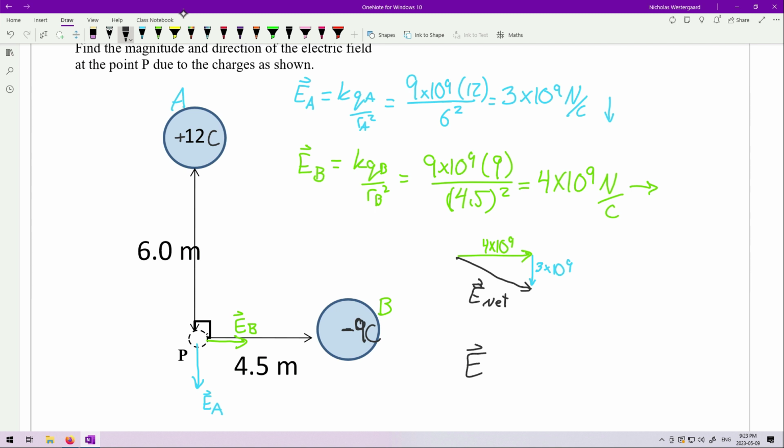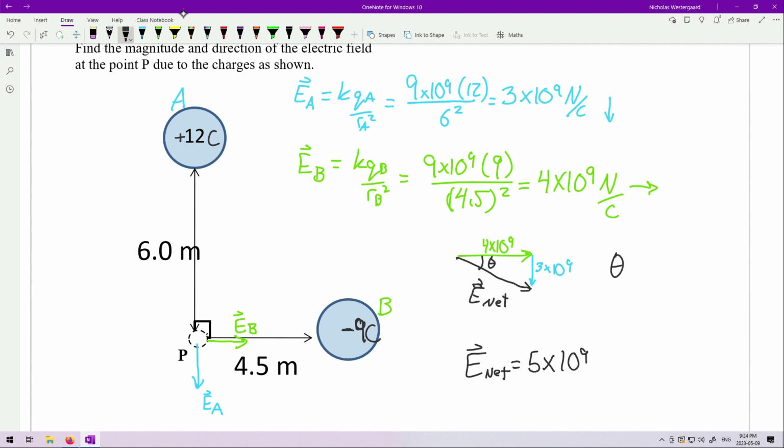Net electric field is going to be 5 times 10 to the 9. I know that because 3, 4, 5 is a Pythagorean triple. So that's good. And if I remember right, this angle right here is 37 degrees.